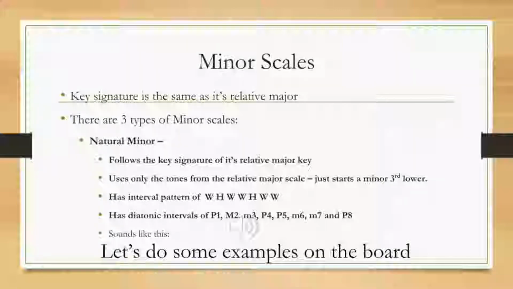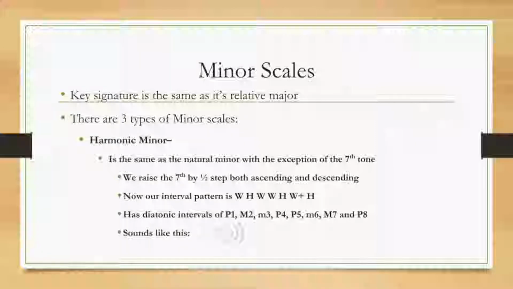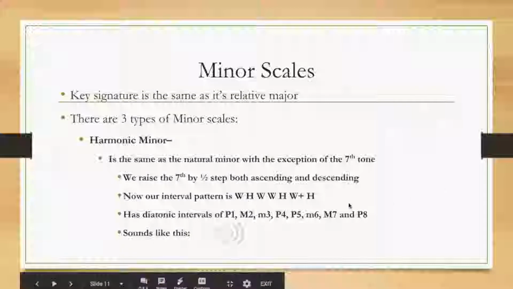The second type of minor scale is called the harmonic minor scale, and this one actually is the one that we use as composers most of the time. It's got a little bit more of a unique little edge to it, and it has a unique little step in it as well. For the major and relative minor scales, we only had steps of whole and half. Well, in this harmonic minor scale, we actually do a step and a half on the 7th scale degree.